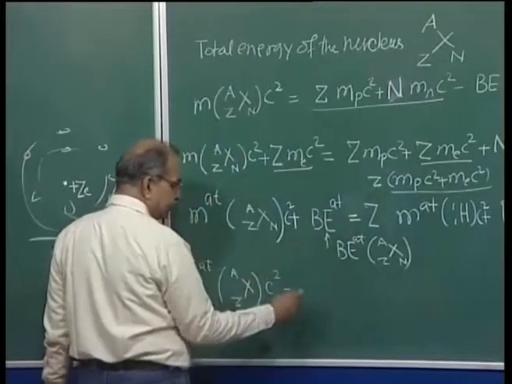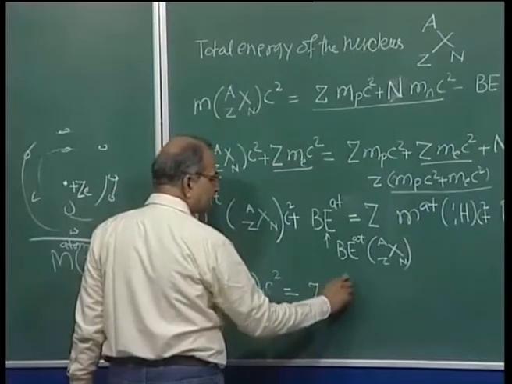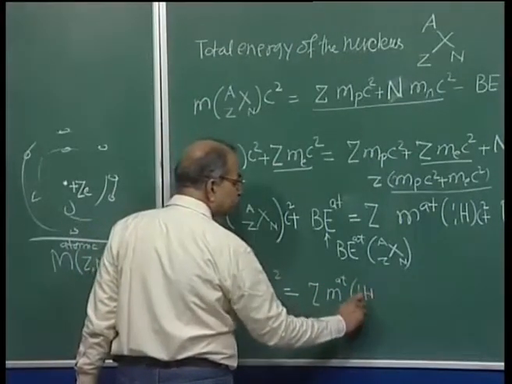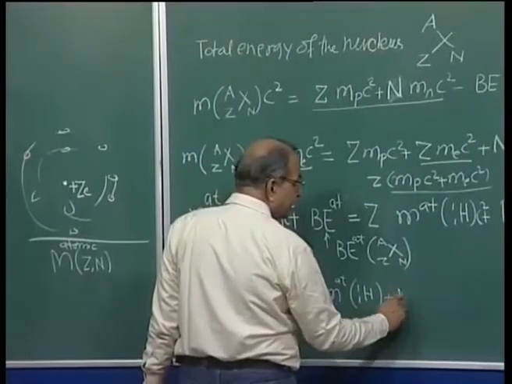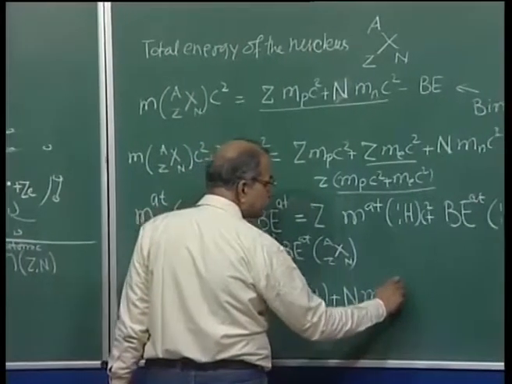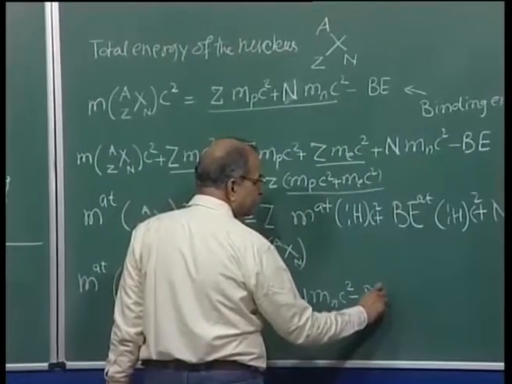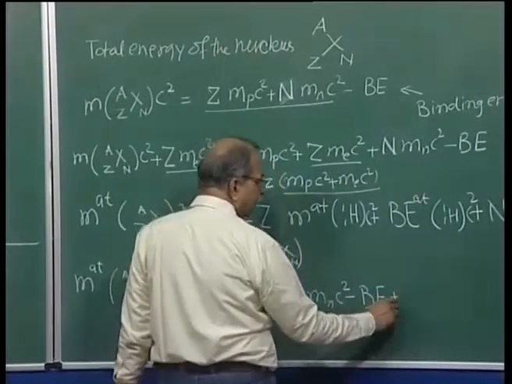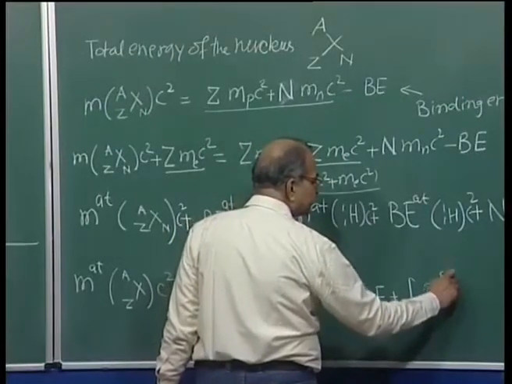I will take the other terms on the other side: Z times atomic mass of hydrogen plus N times Mn C square minus nuclear binding energy plus atomic binding energy Z times.